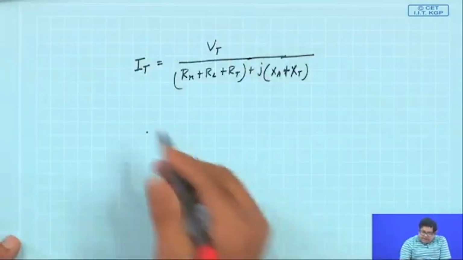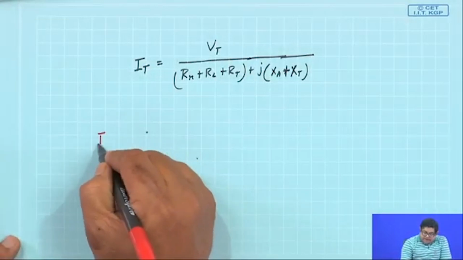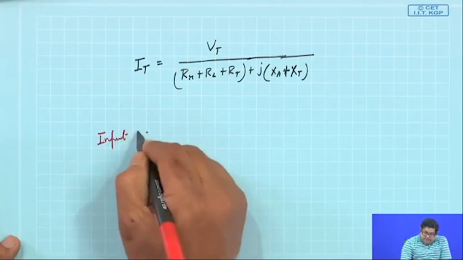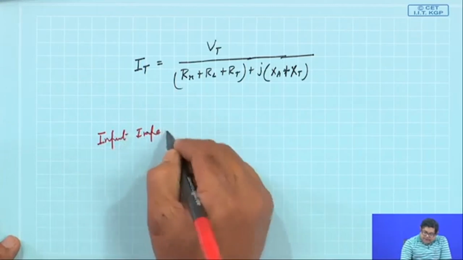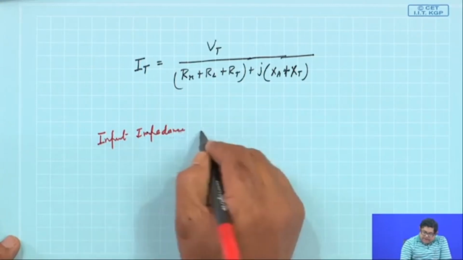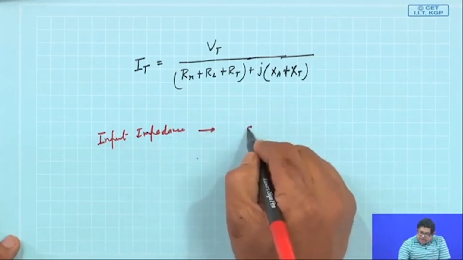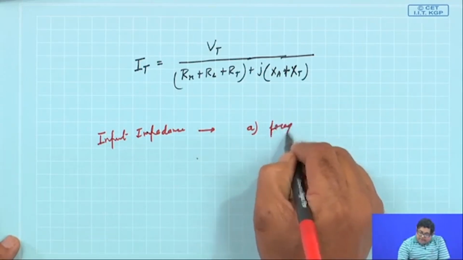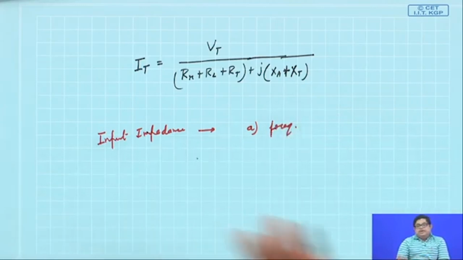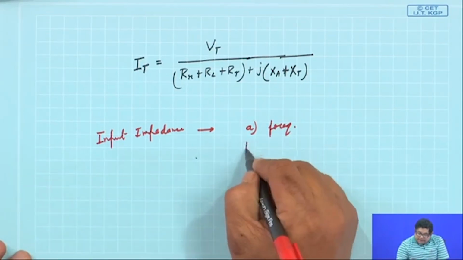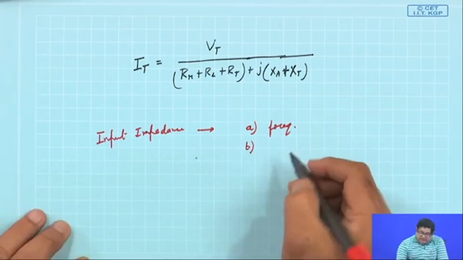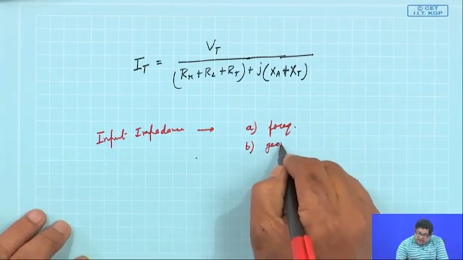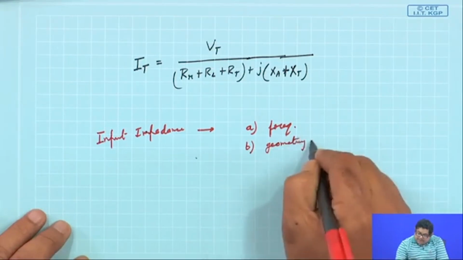So, I can say that the input impedance of an antenna depends on several things. First, obviously, it depends on the frequency of operation. At different frequencies, obviously impedances are different. Then it depends on the geometry of the antenna.